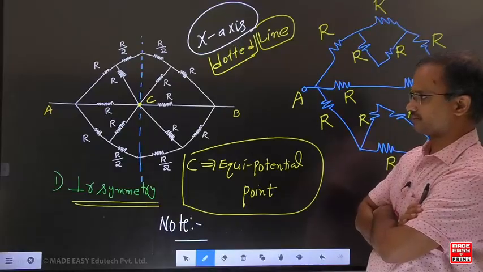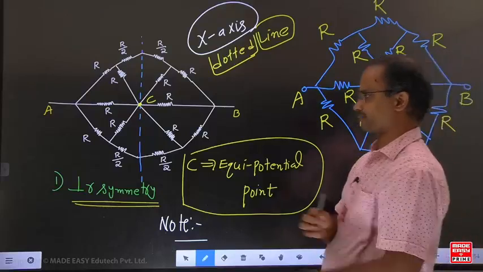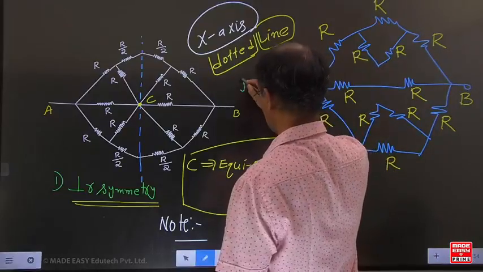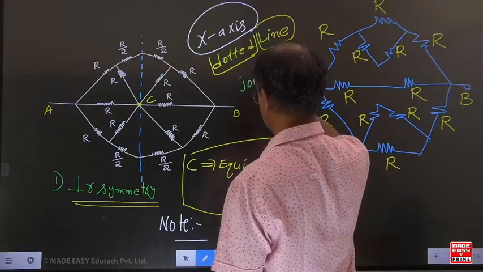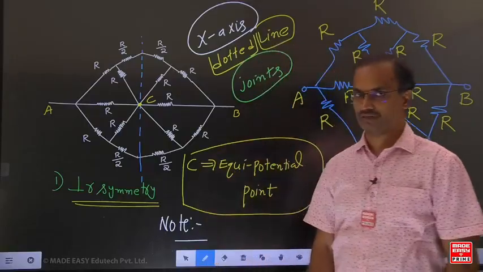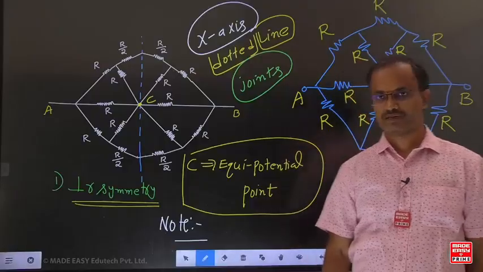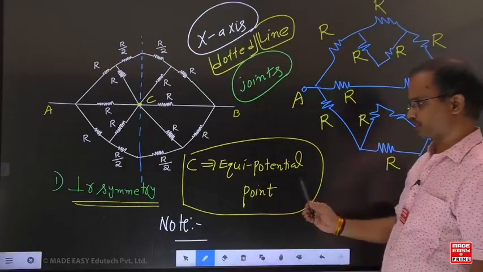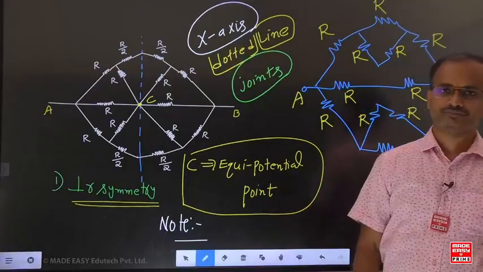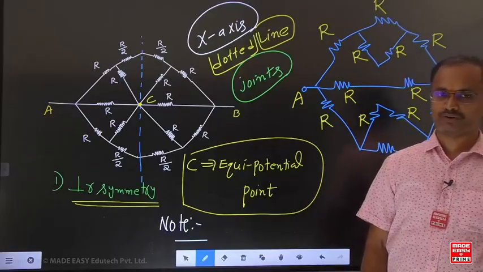In the dotted line, if any joints are present, then it is known as an equipotential point.